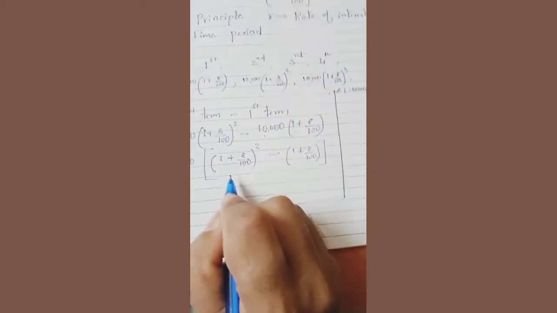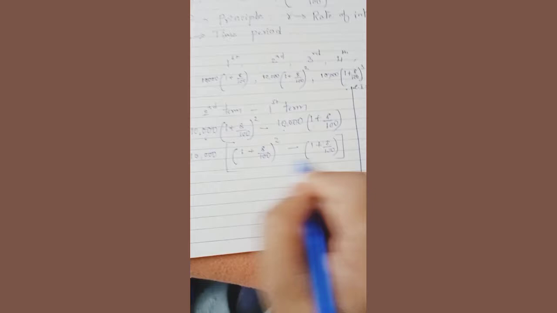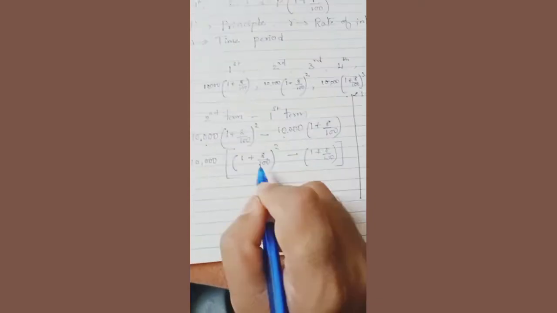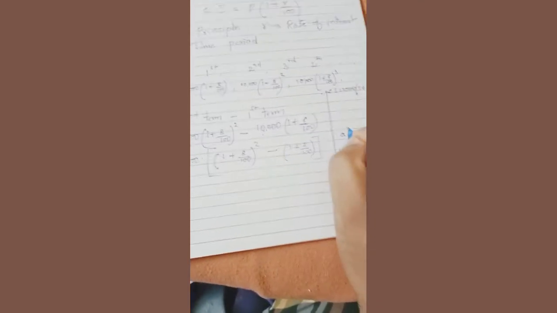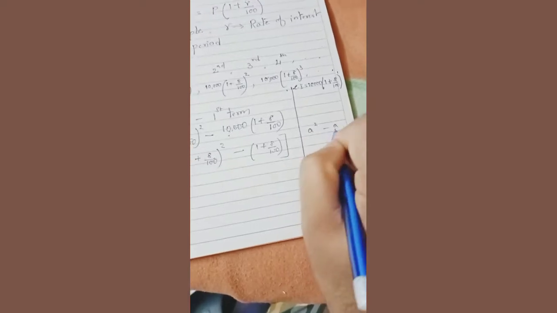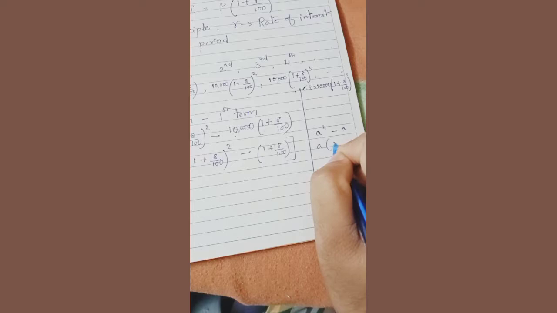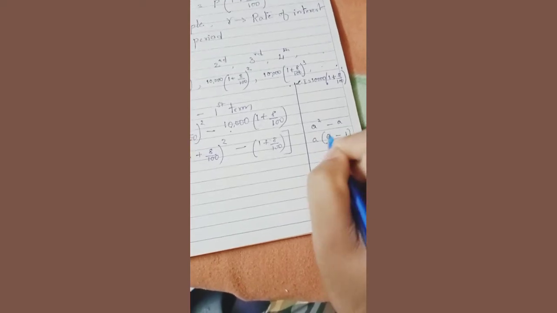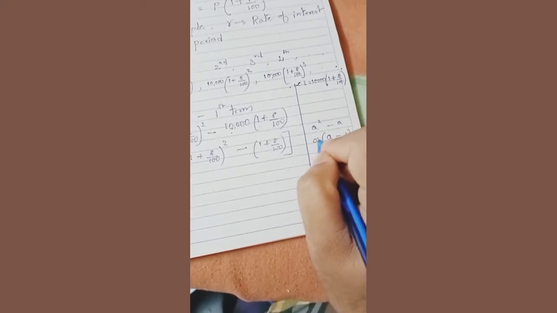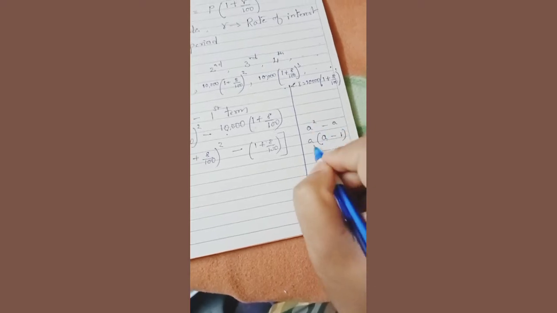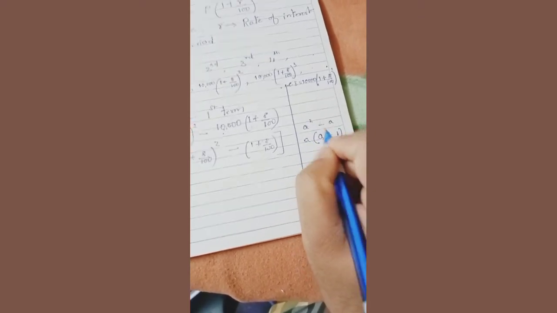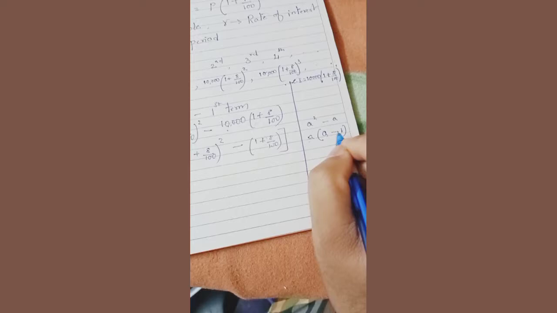Now once again we can find out the common factor between these two terms. It just looks like a square minus a, where a is the common factor we can take between a square and a. So if I take a as common factor, we can write it as a minus 1, because a into a square, plus into minus, minus a into 1, a.